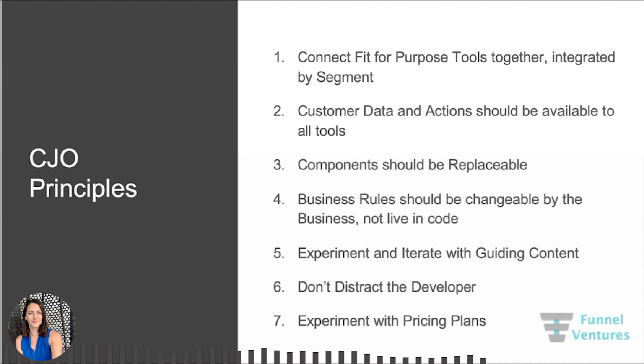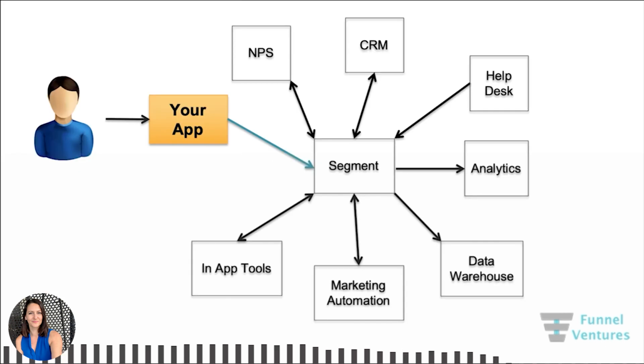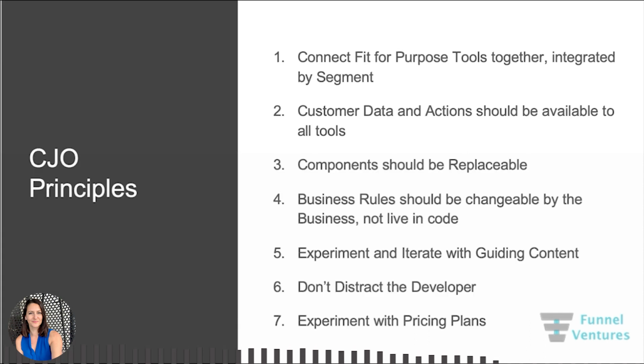So what we want to do is connect our fit-for-purpose tools together and integrate them by Segment. And basically, when someone is using your app, we want to send data into Segment about who they are and what they're doing. And then Segment will be able to publish that information out to all the other tools in your ecosystem. So I've covered off principle number 2. Now, number 3 is all about making these components replaceable.